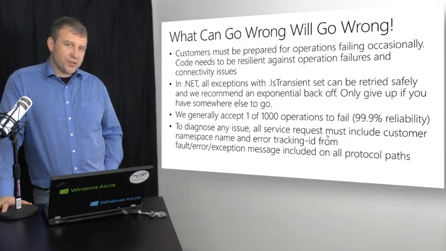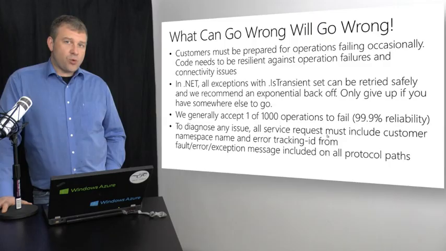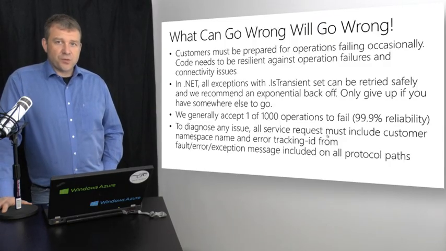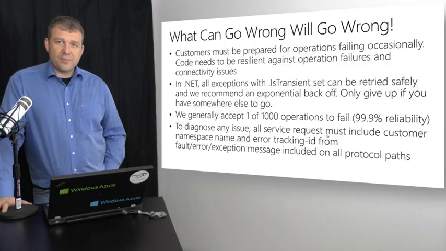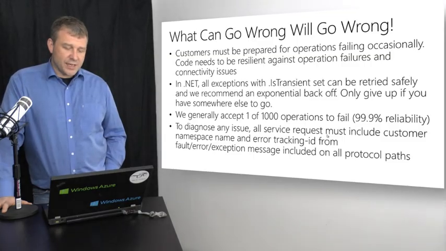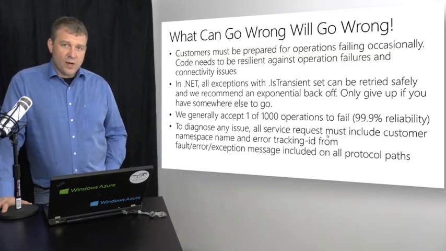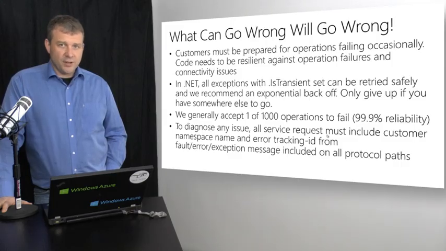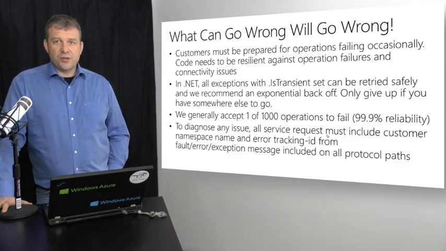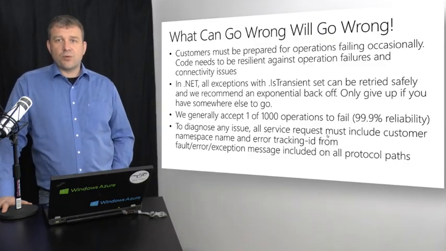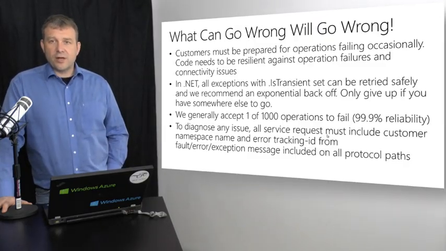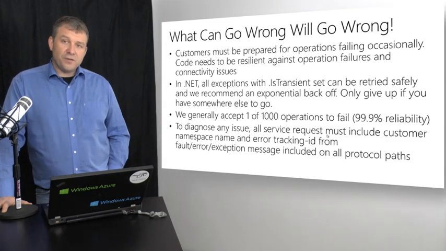If you have an issue with Service Bus, you can raise a service request through the Windows Azure portal, which has a support tab. You can go and file that service request against us. That must include the Service Bus namespace name, and your tracing must be so good that you can show the text of every individual exception that we throw at you, because that will contain a field called tracking ID.